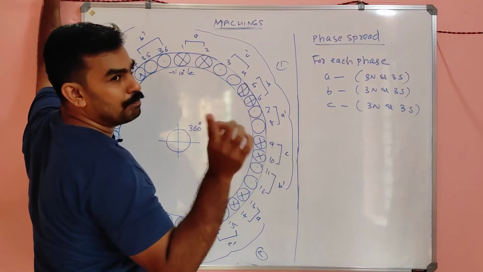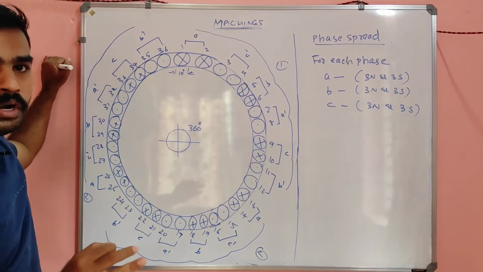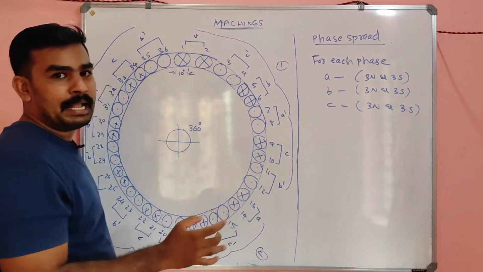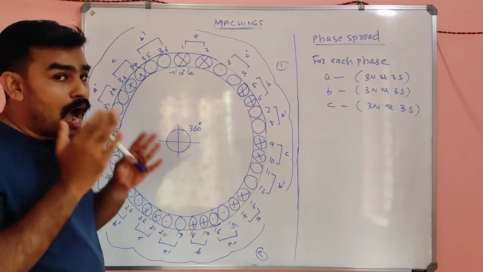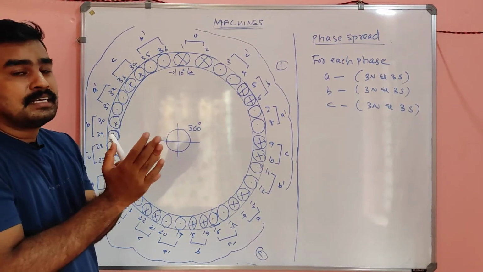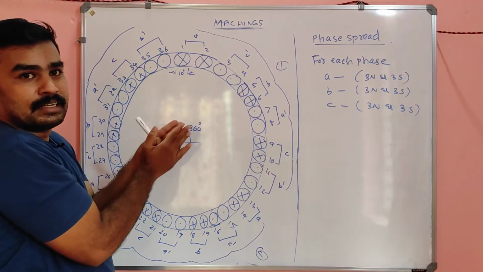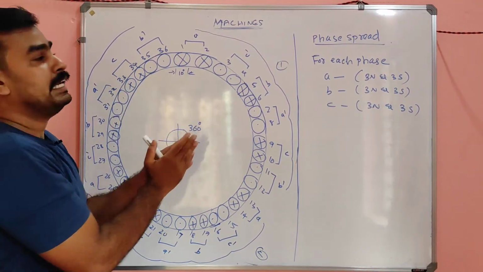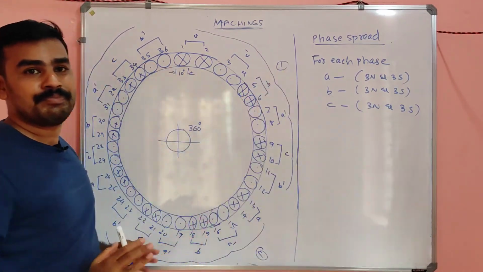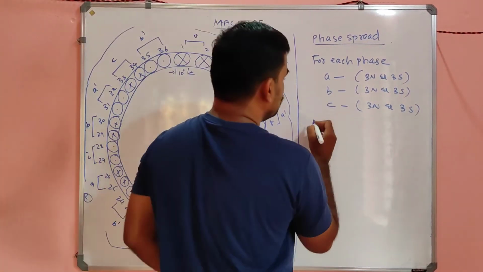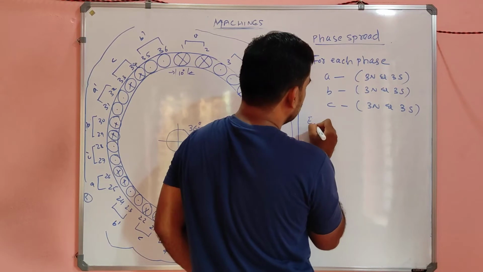So this is for one pole, under one pole for one phase, that means phase A. How much angle is traced by the phase A winding in consecutive slots. That is the meaning. In definition, I will write the definition so that it will be easy.